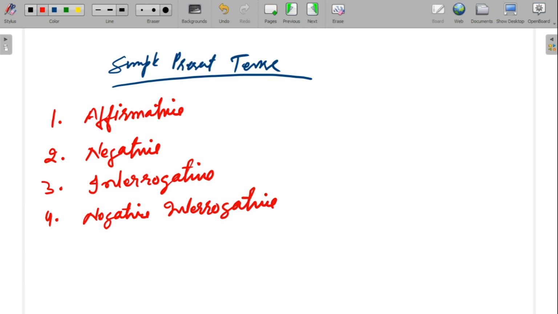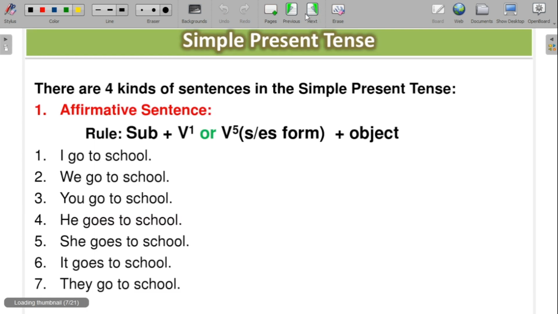We will be discussing these separately, one by one, their sentence constructions and how the rules work. Let's go to the next slide and see how the affirmative, negative, interrogative and negative interrogative sentences function.